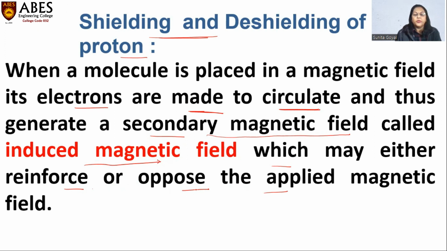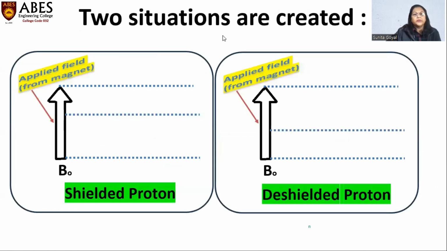So when the molecule is kept in an external magnetic field, this induced magnetic field can reinforce or oppose that external magnetic field. We can understand this here by 2 situations. Here, we are taking the example of a shielded proton, and here the example of a de-shielded proton.